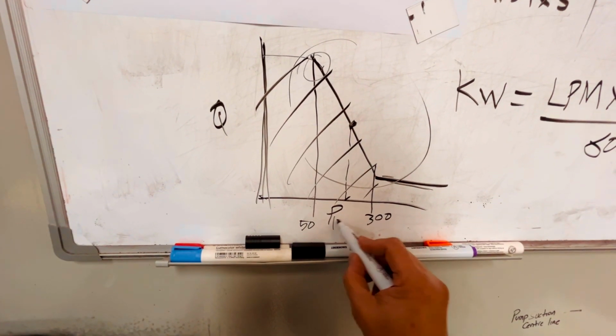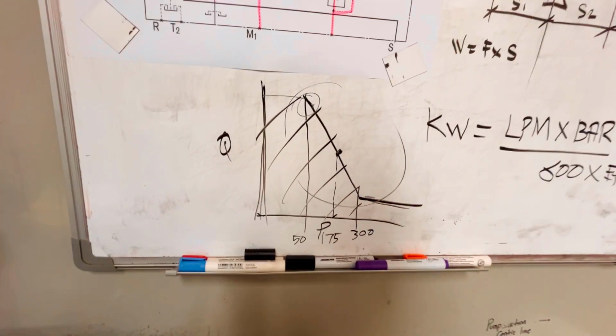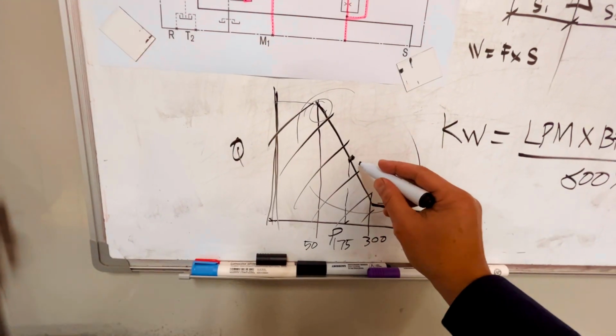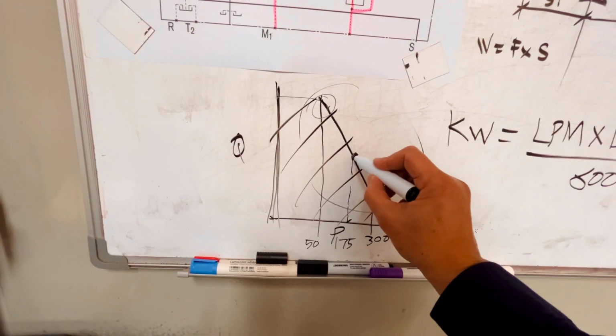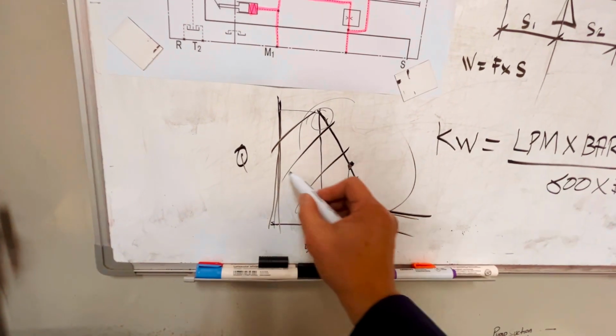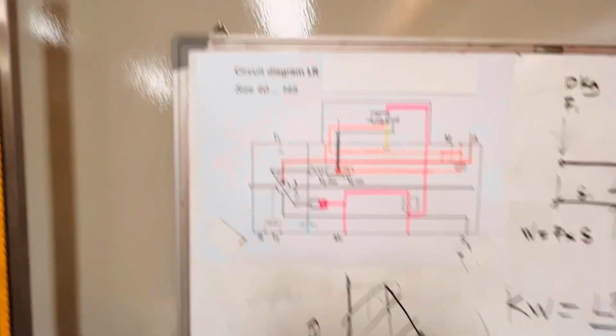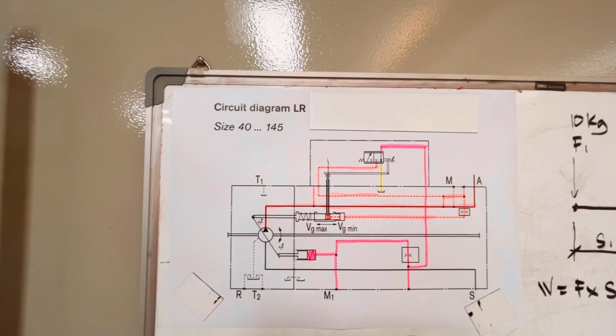I'm too slow on math, guys, so I need a calculator. So let's say at 175 it stops there, and the flow, let's say 145, you're using 145, guys.